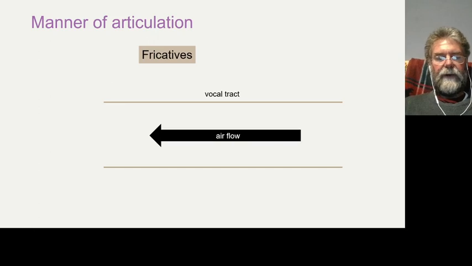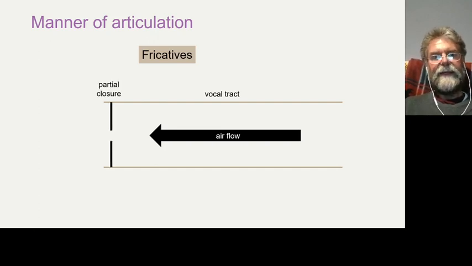Another type of producing sound using our vocal organs is known as a fricative. Here, instead of closing off the vocal tract completely, you partially close it, making a small gap so that air can still escape, but it has to be forced through this small gap.